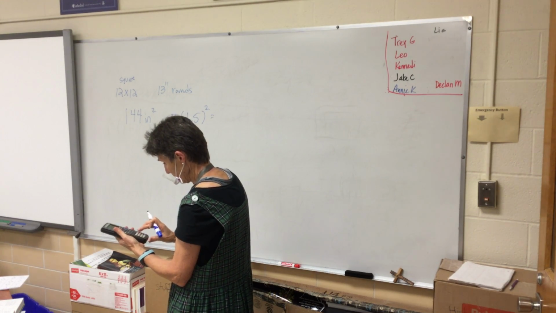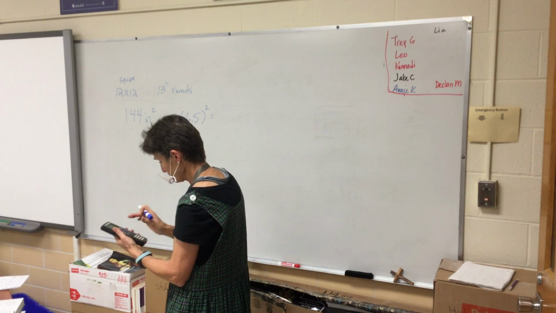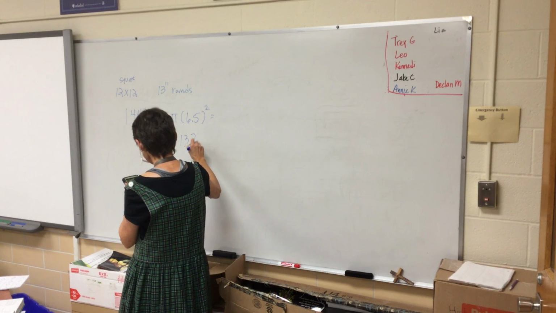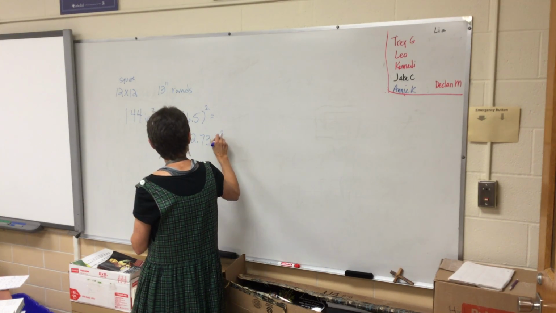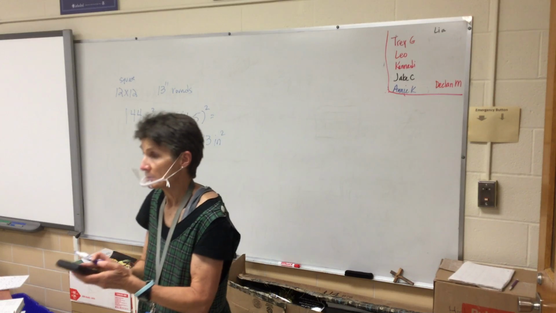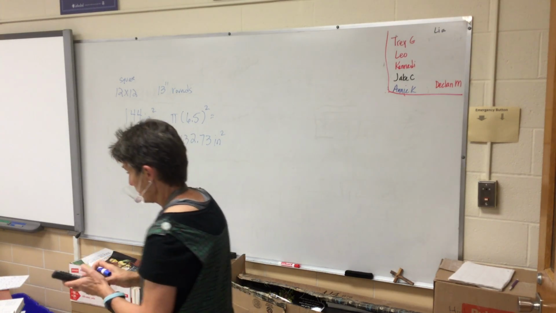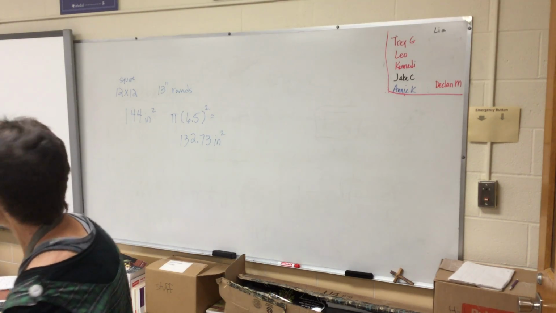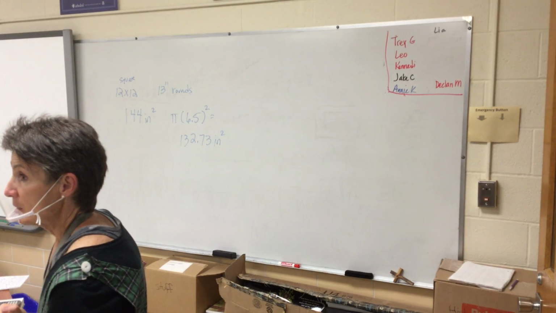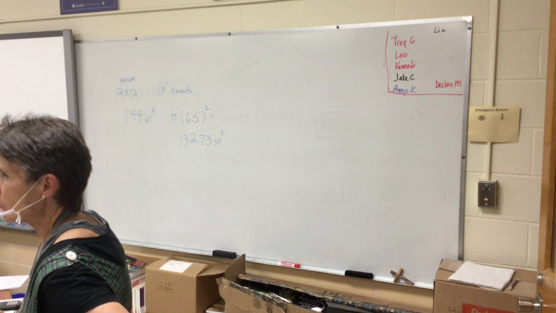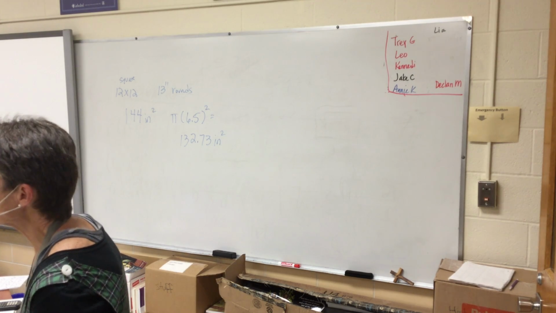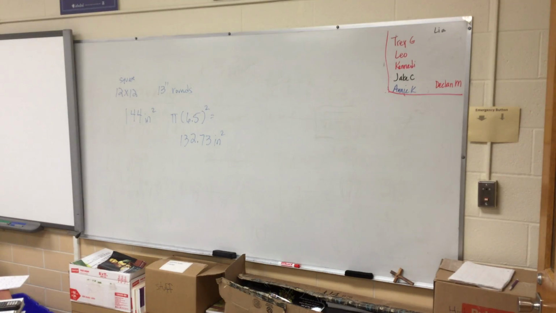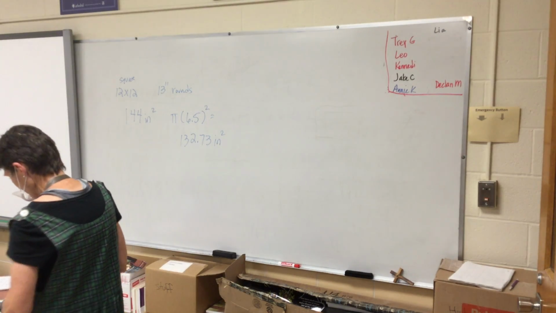So 6.5 squared times pi, and that one is 132.73 square inches. So if you are simply looking to cover the most area, you're going to go with the squares. And practically speaking, that would probably be best anyway because they fit together better, if you're trying to make a path or something.